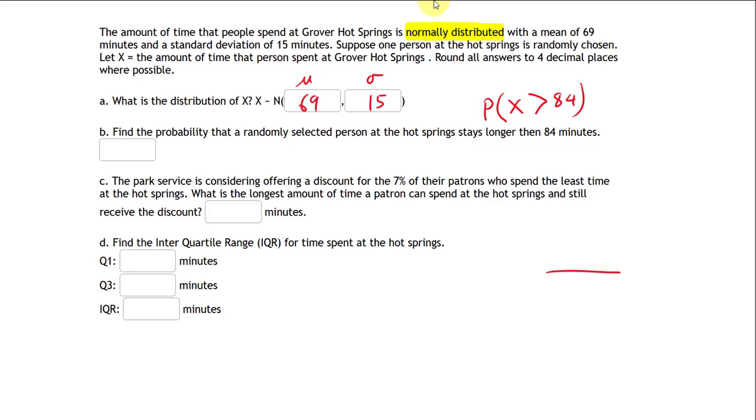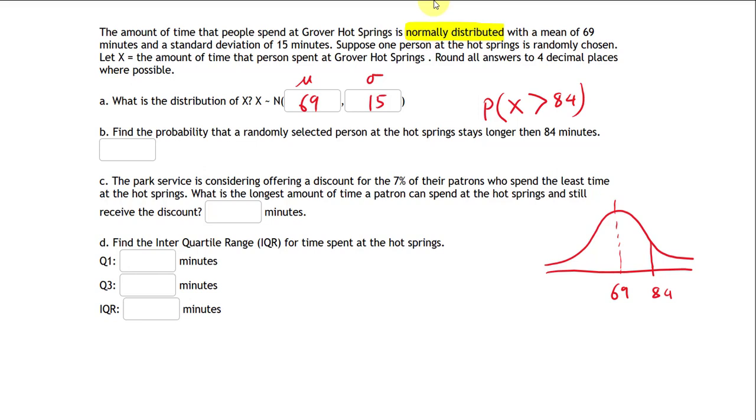So I can draw the bell curve like this, and the mean is the middle value. We have 69 for the mean, but I'm looking for the probability of X to be bigger than 84. 84 is above 69, so it is here, right? So you want anything bigger than that.